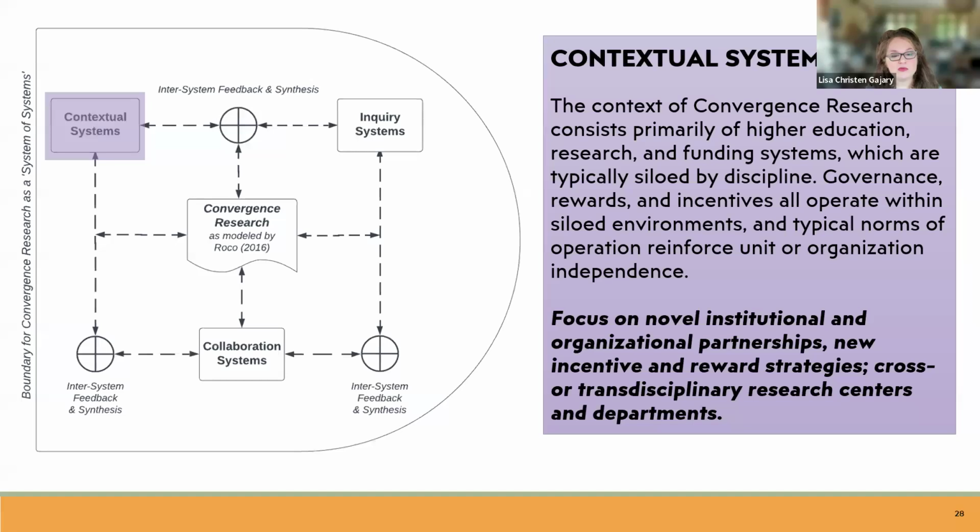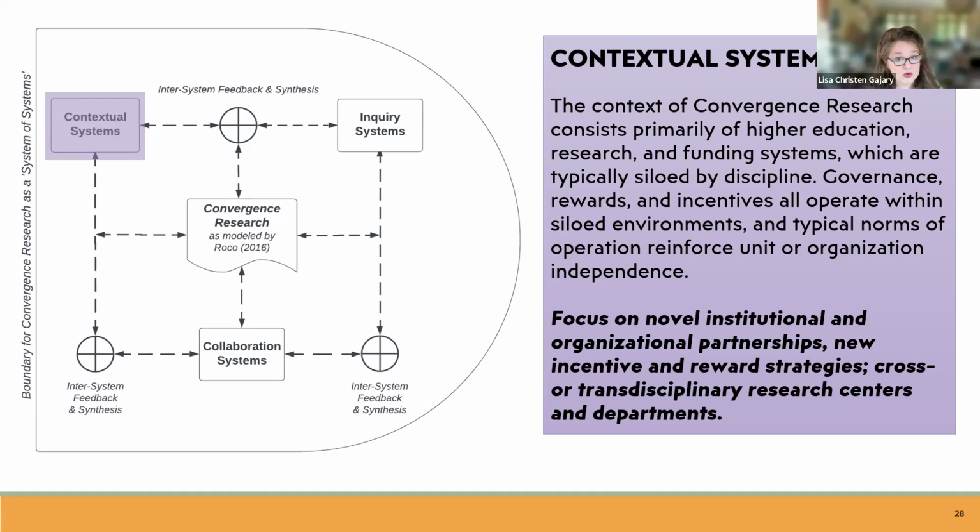What we want to understand in order to set the stage for success is how novel institutional and organizational partnerships not only form but thrive over time, and what kinds of incentives and reward structures are relevant to convergence research. And then what influences the structures of departments and engagement in cross-disciplinary research, and how does that affect our understanding and the practice of convergence research?